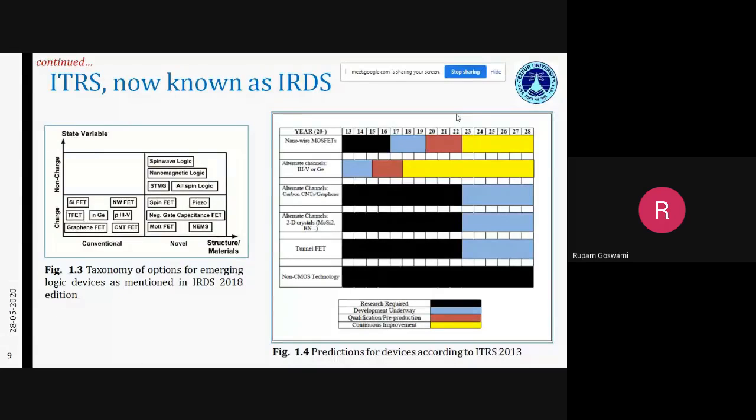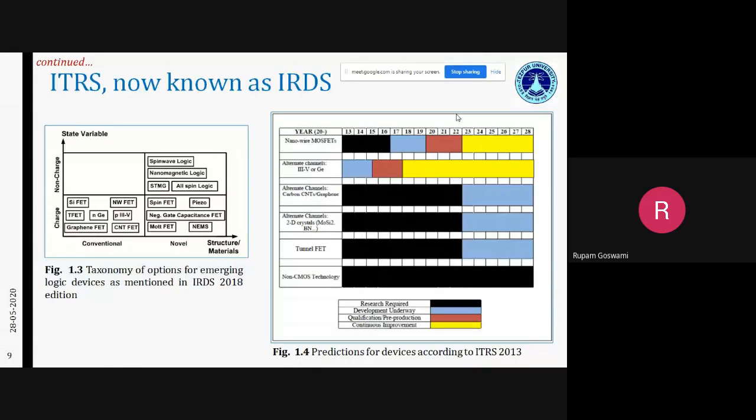If you see on the left hand side of the screen, this is what appears in the IRDS 2018 edition. This was the last edition which appeared, and you can see these are a list of different emerging devices. So this can also be your research topic if you are finding something to work on.